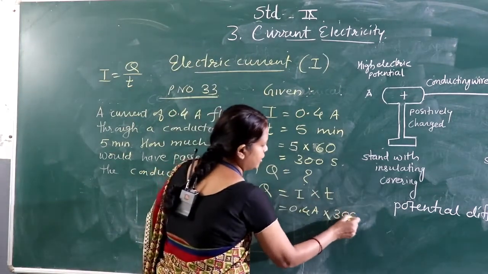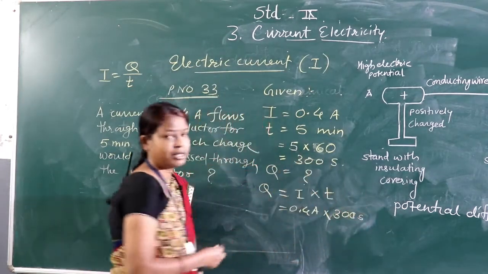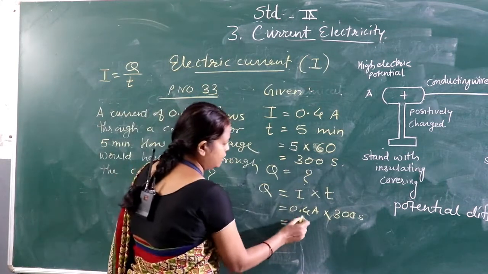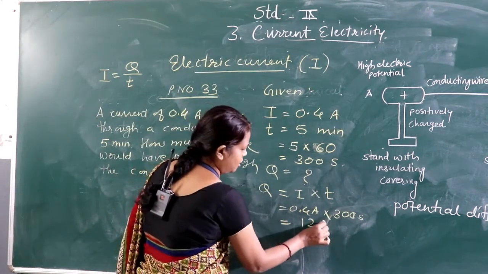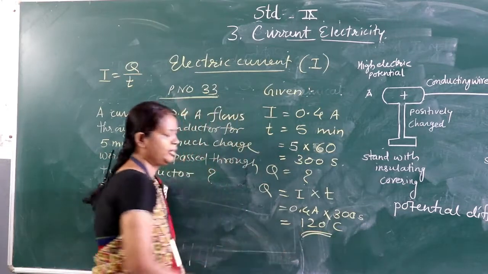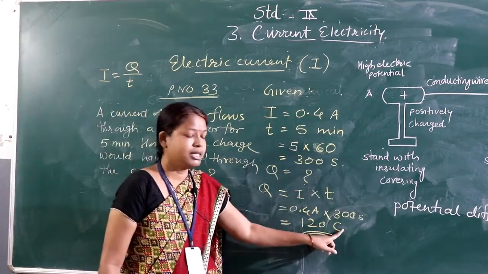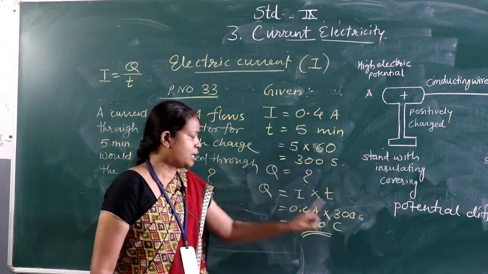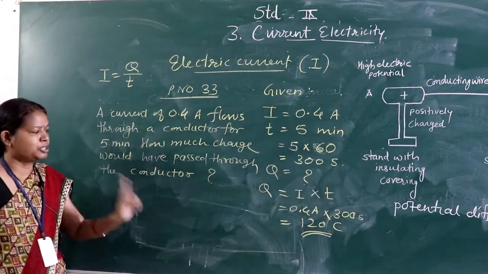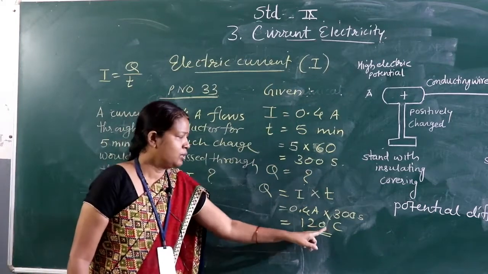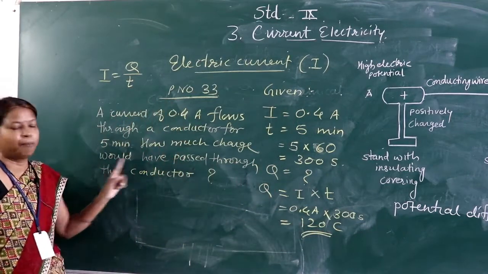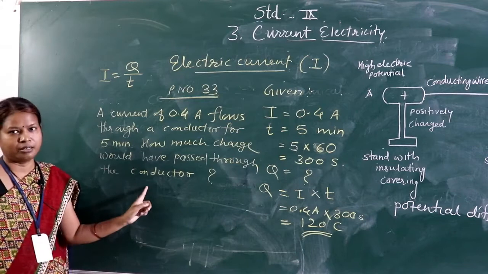It is 300 seconds. So after multiplication, our answer becomes 120. Because it is charge, our unit is C, that is coulomb. So 120 coulomb of charge is passed through the conductor.